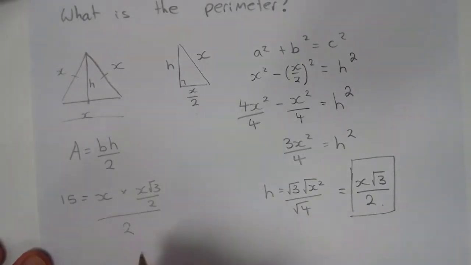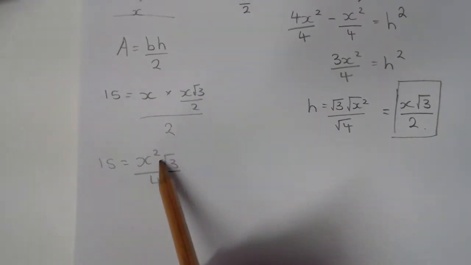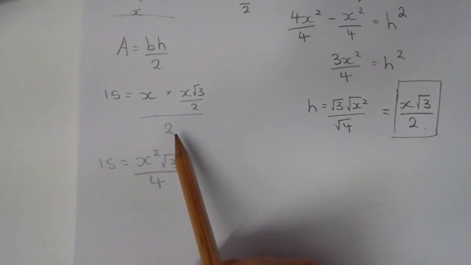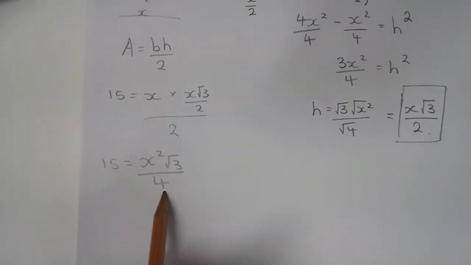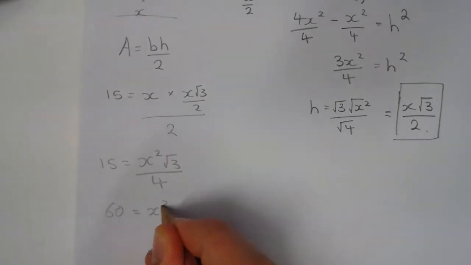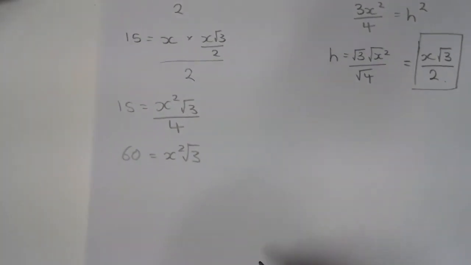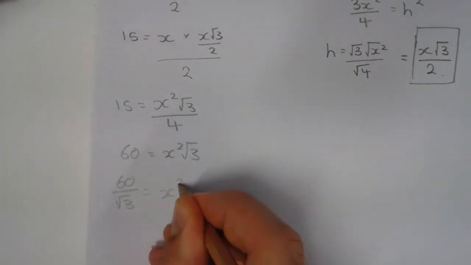So to simplify this up, x times x is x squared, and 2 over 2 is the same as over 4. Now I just rearrange this equation. 4 times 15 gives us 60, must be x squared times root 3. Now if I divide 60 by the square root of 3, that will give me x squared.